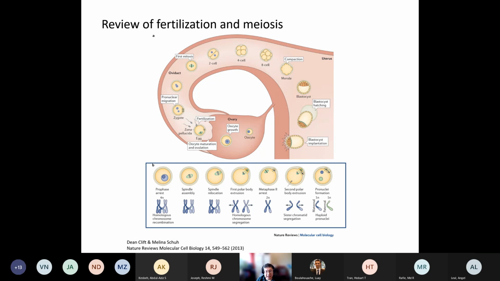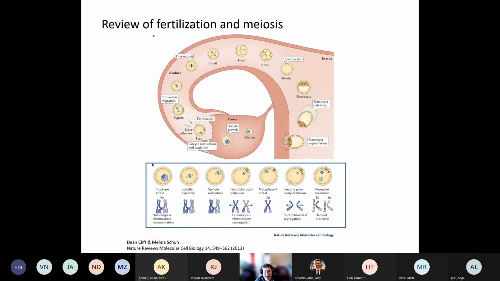Because at the beginning, it is 4n. And then after the completion of the first meiosis, it becomes 2n. And then once the egg is fertilized, the oocyte will complete the second meiosis.